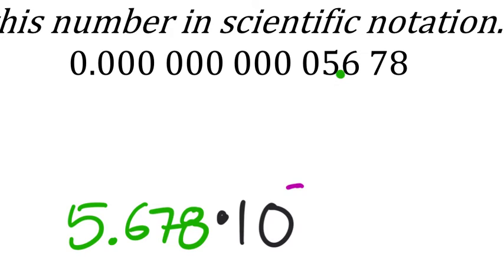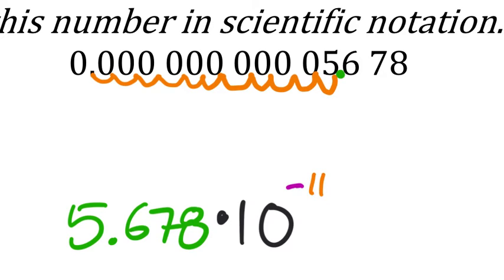So how many times was the decimal moved? Well, 1, 2, 3, 4, 5, 6, 7, 8, 9, 10, and then 11. So not only was it moved 11 times, it was moved from standard form into scientific notation to the right, which is another way to remember that that exponent here will be negative.